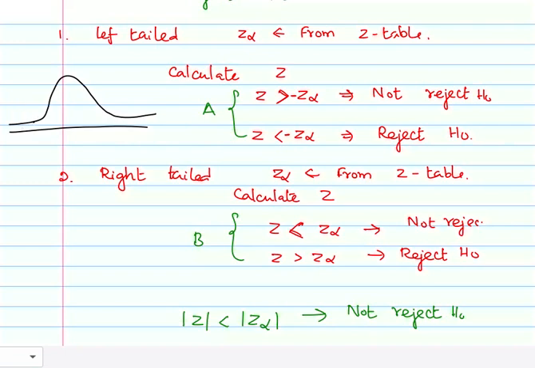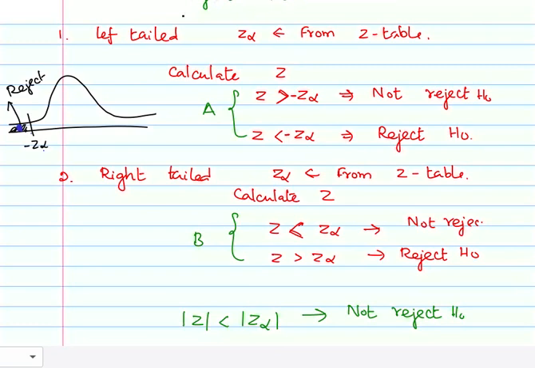Suppose minus z alpha is this value; the region less than this value is the reject region, and this is the not reject region. Whenever z is located in the reject region, you reject.